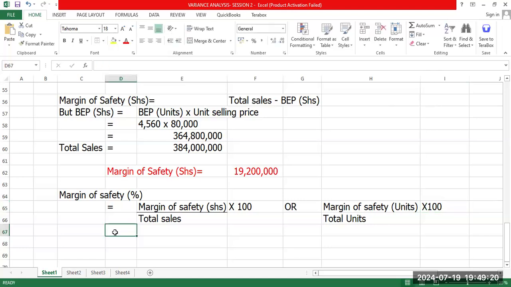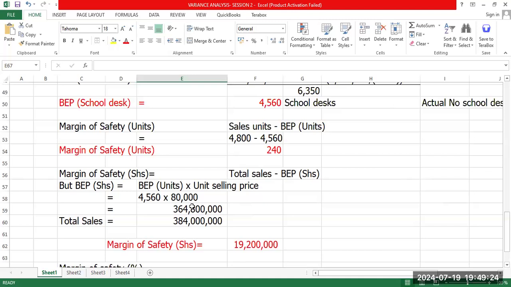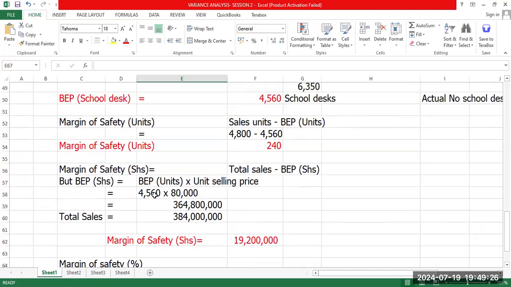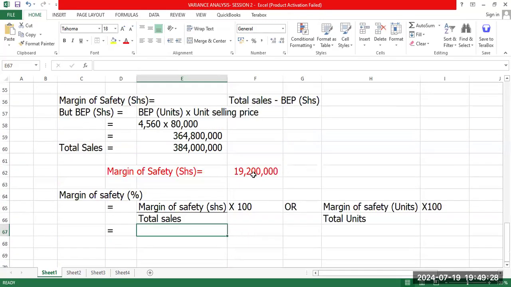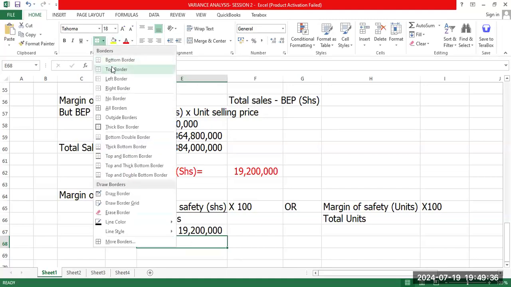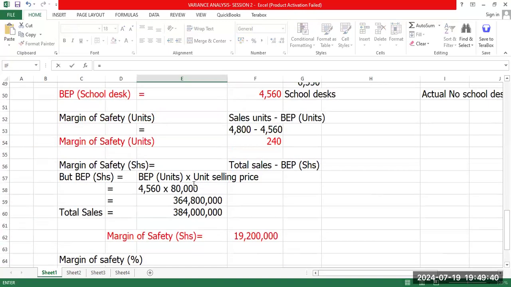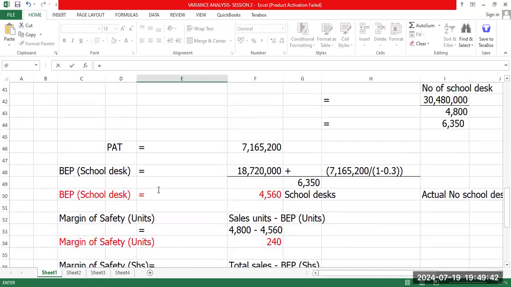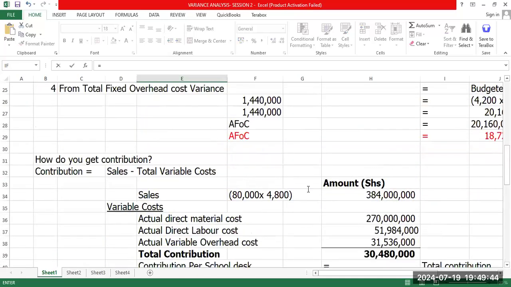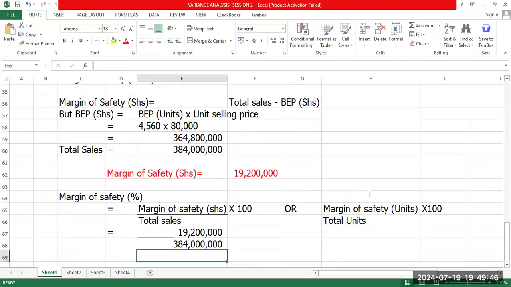So if you do that, what do you get here? Margin of safety in shillings, it is this one. Then our total sales are this one.